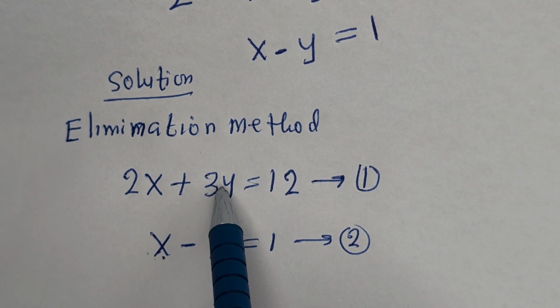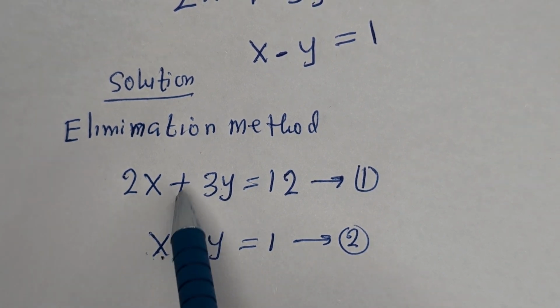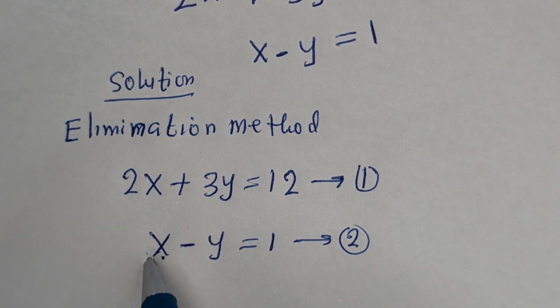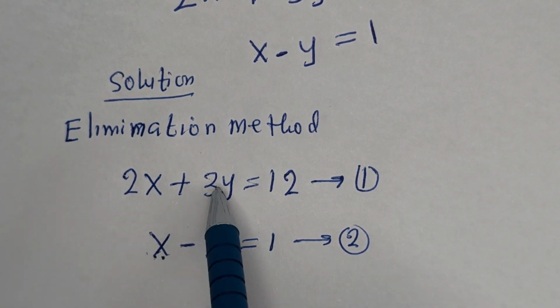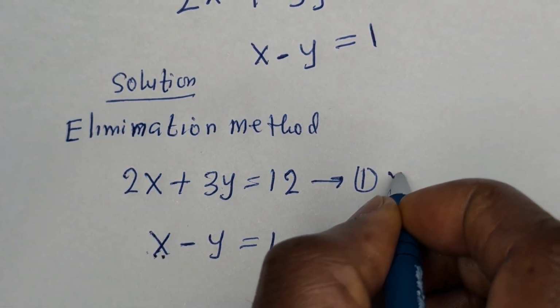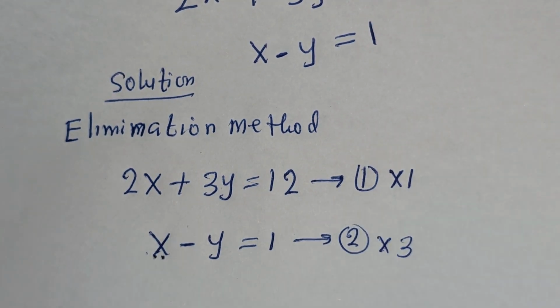Also, the coefficient of y here must be equal to the coefficient of y here. And the signs must be different. One must be negative and one must be positive. In this case, we have 2x here and x here, 3y here and y here, but let us eliminate y. So we need to multiply equation 1 by 1 and equation 2 by 3.